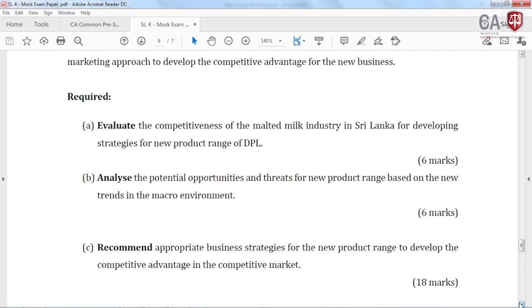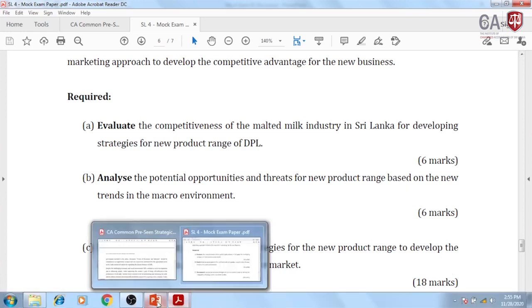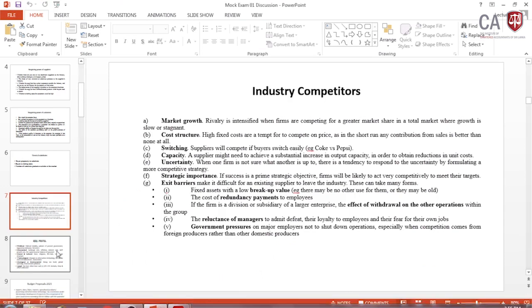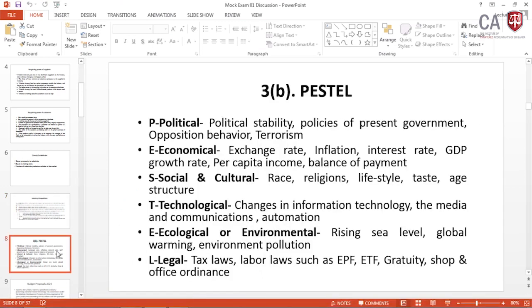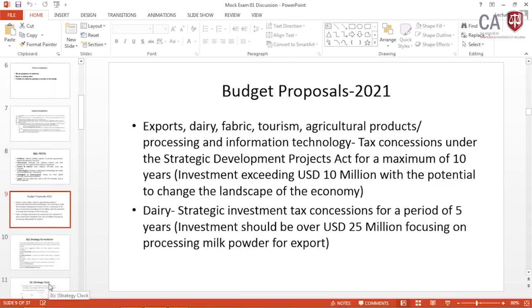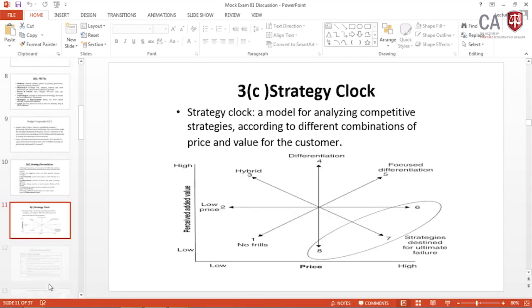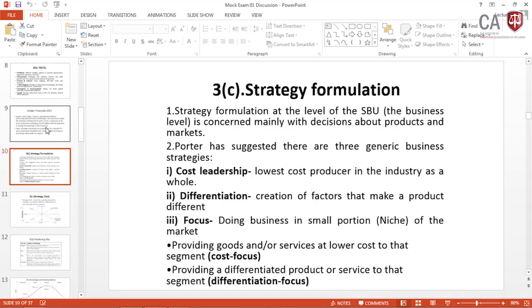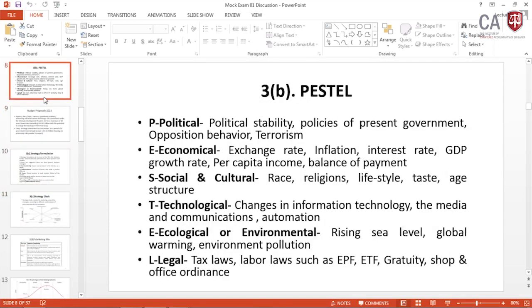So, what is the tool we can use for this purpose? We can use PEST analysis for this purpose.